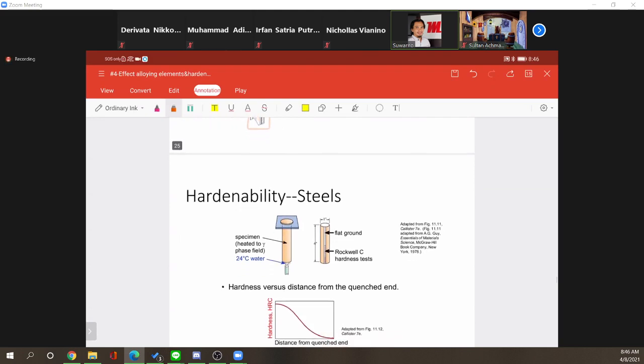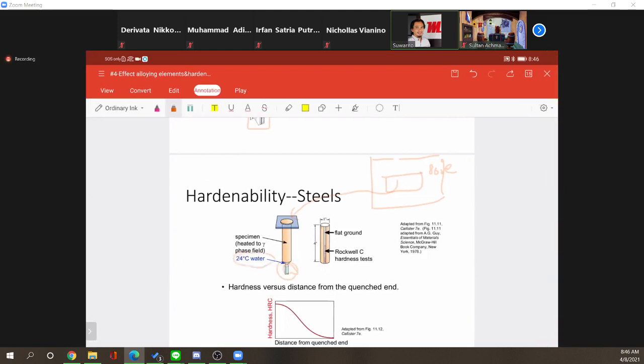Then what you should do is austenitize the sample at some temperature, probably 800 to 900 degrees. You have a furnace at 800 degrees, you put the sample there, and then you put it in the machine and turn on the water jet.